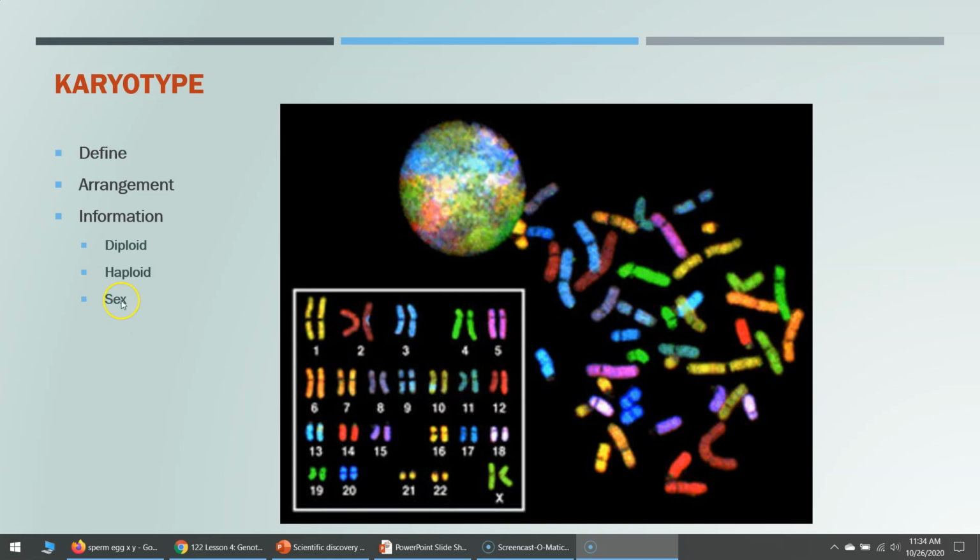And then you can also determine the sex of someone by looking at one of these. There's a couple of mutations or chromosomal abnormalities that you can see. One of the questions you were supposed to look at had trisomy in 21. So if you're born with an extra version of this chromosome and you have 3 here instead of 2, then you're going to have Down syndrome.